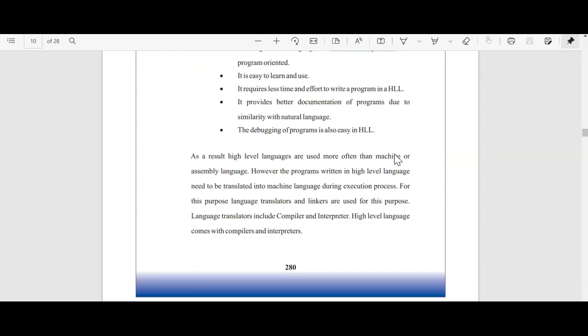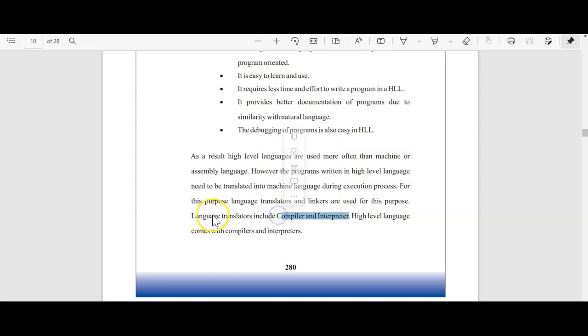Similarly, as I said, high level languages cannot be directly understood by the computer, so we need to translate them. The softwares which are translating high level language into a computer language, in general we call them language translators. In the language translator there are two types. We call them compiler and interpreter.